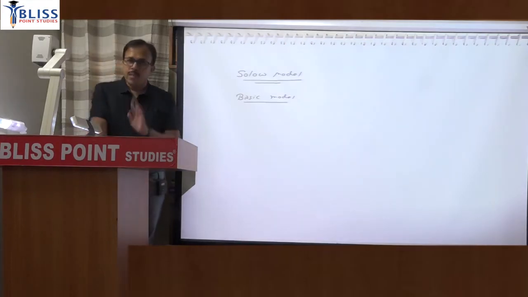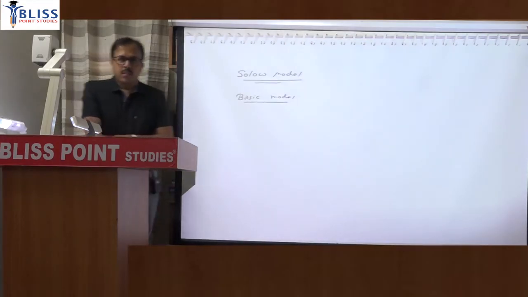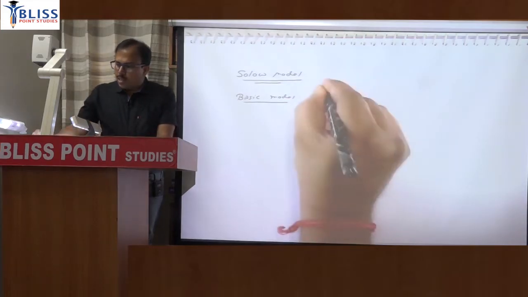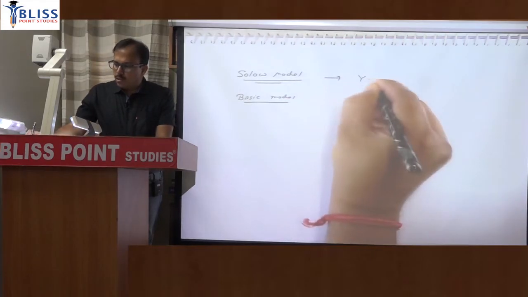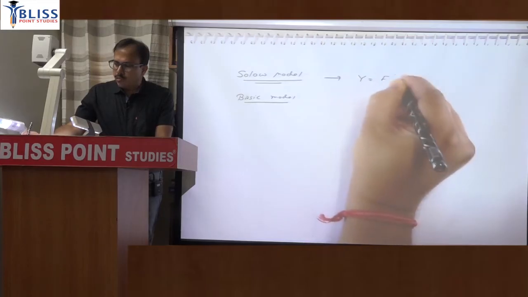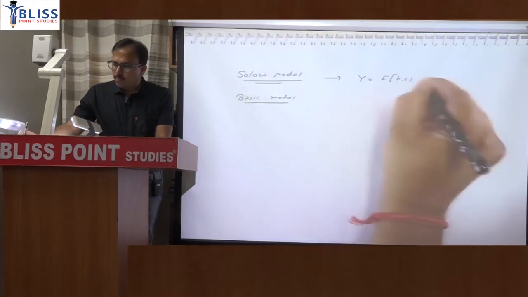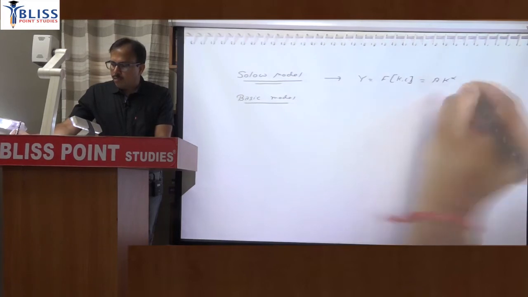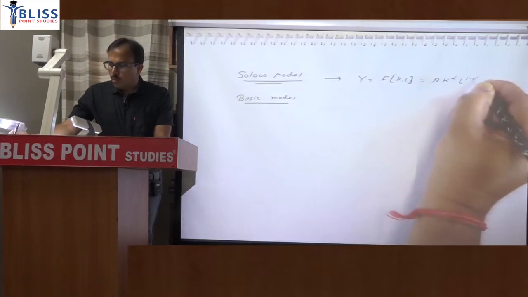Remember, what you have written so far is the main idea, that it is designed to explain how technology, capital and labor interact and how their interaction is determining the output. So in that model, Y is a function of capital and labor, and it is expressed as capital to the power alpha, labor to the power 1 minus alpha.